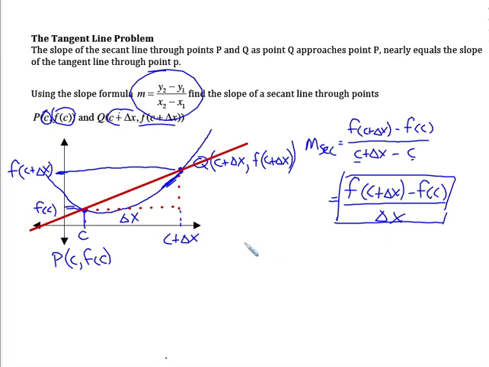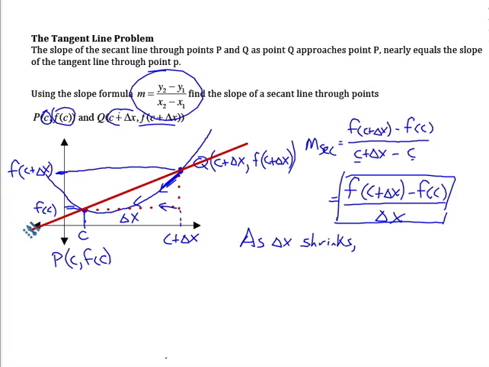Now, if we think about this as Δx shrinks, let's think about what happens to this secant line. As Δx shrinks, it pulls this point closer and closer and closer.